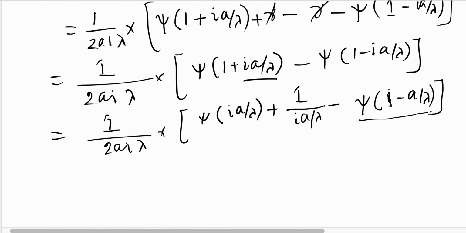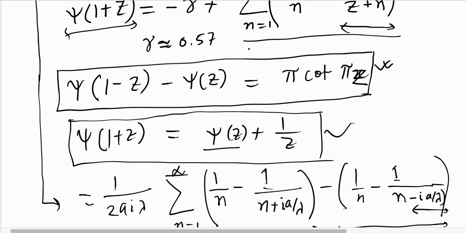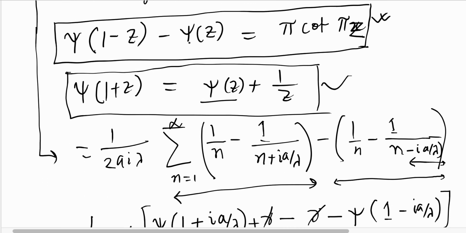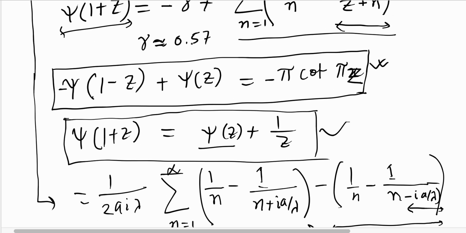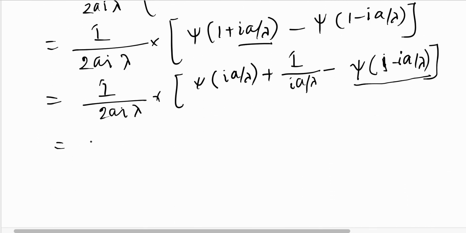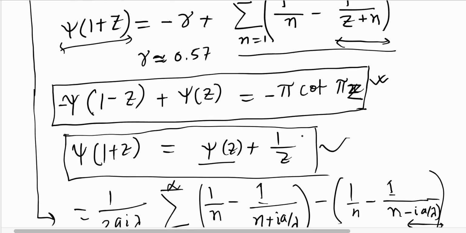Written this way, it will be psi of z minus psi of 1 minus z, which should be minus pi cot pi z.